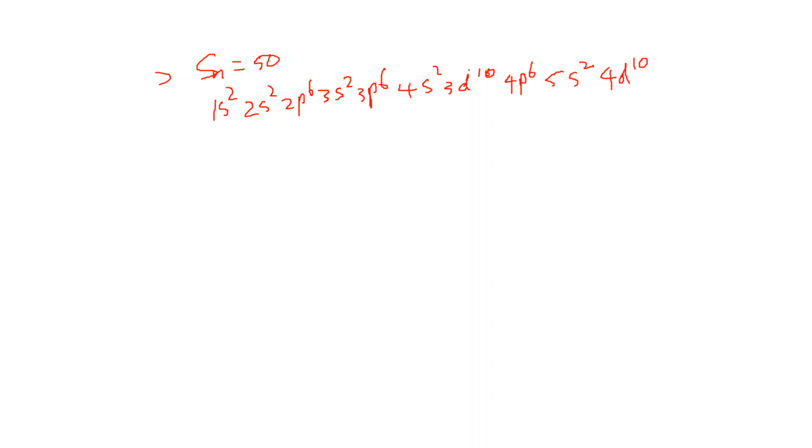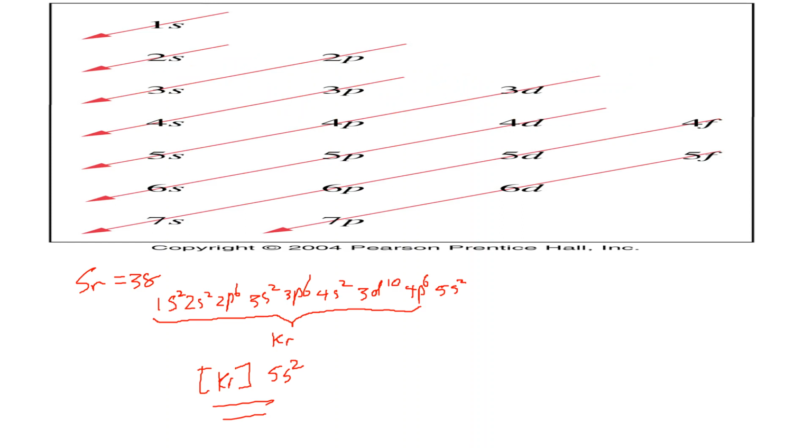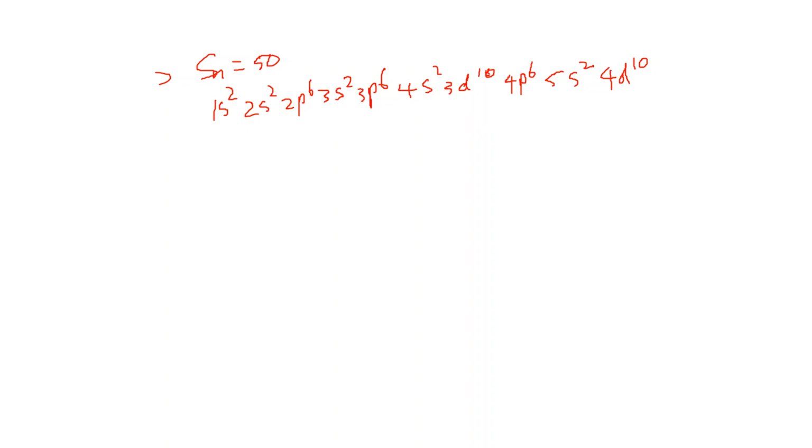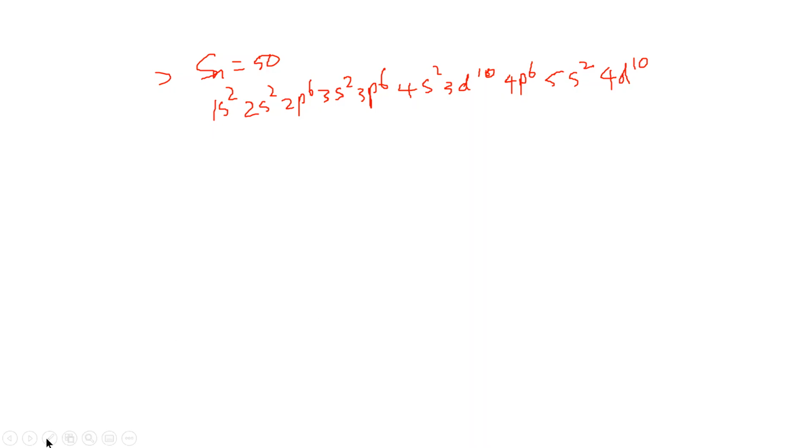So that's 38, 48. So the next orbital is 5p. So that would be 5p2. Okay, so that's the full electron configuration of tin.